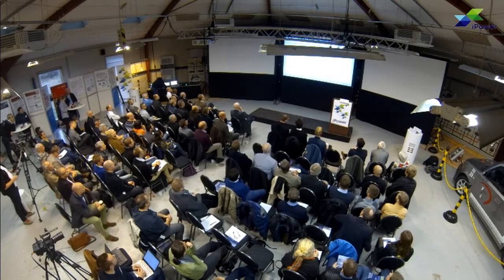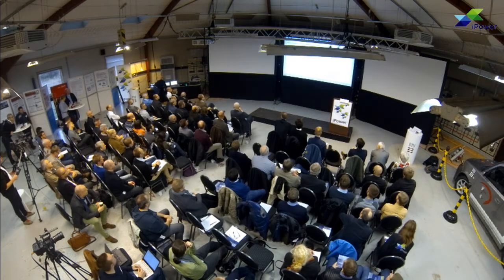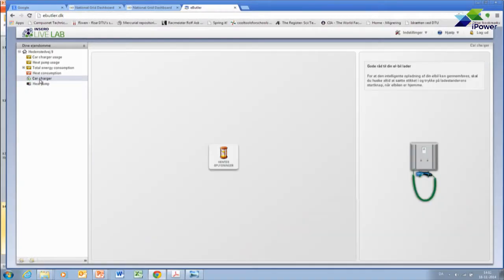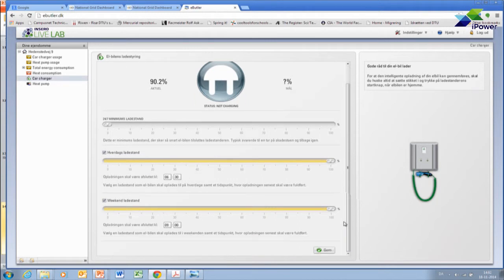You'll have to take the mouse pointer as my finger or the laser cursor, because I'm facing the screen now. So this is how a car charger would look if you visualize it given the comfort settings. We have three different ways of describing comfort.